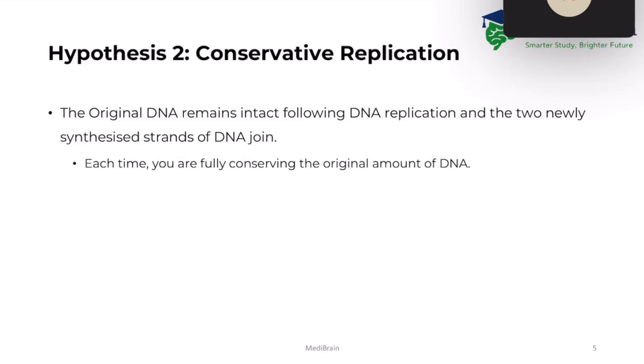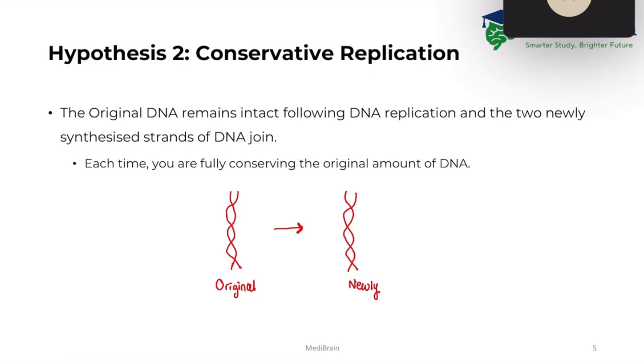So we had the original strand of DNA, and then basically in no relation to the original strand, a newly synthesized strand would come about. Like that, this is newly synthesized.